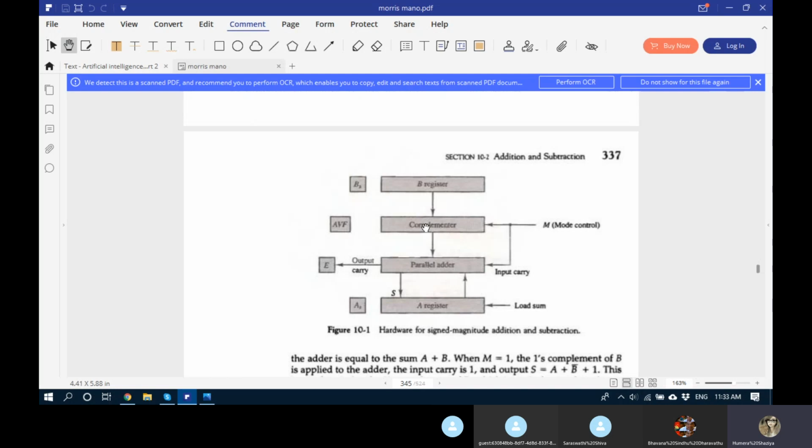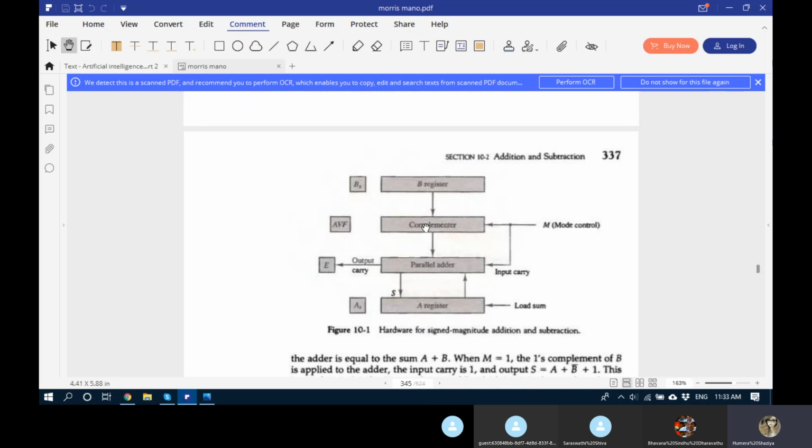Yes, can anyone tell me, subtraction operation, how is it performed on a digital computer? No one? No one remembers?